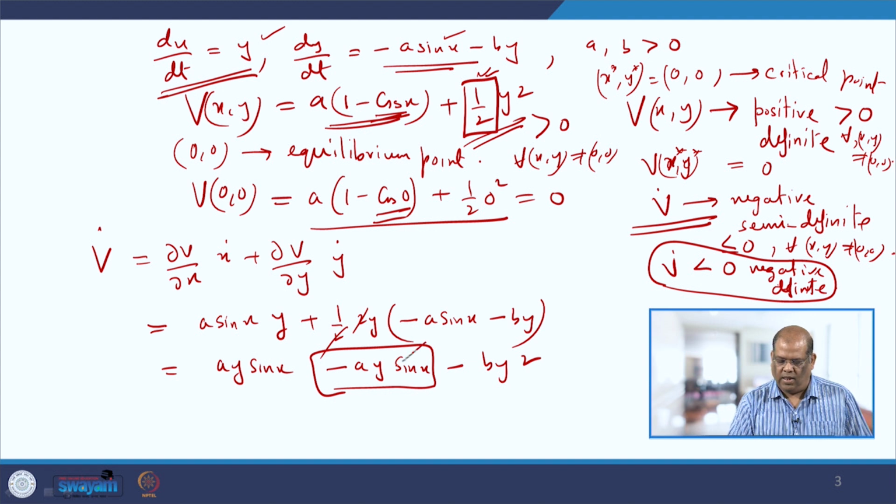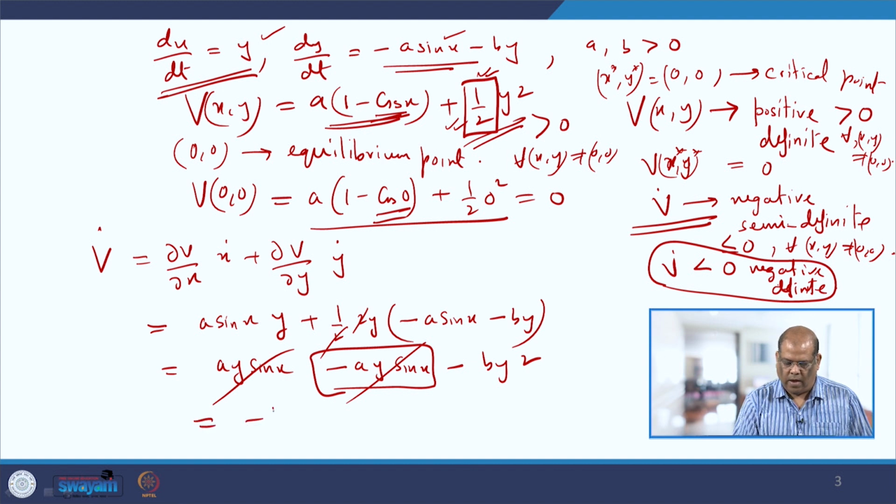So, to make this one and this one cancel, this particular constant has been chosen. As I have told you that there is no hard and fast rule, it will come with practice, and at the same time this Lyapunov function is not unique, it can take any form. For one form you may get the conditions to be satisfied, from other forms you may not. So, you have to keep on playing with it.